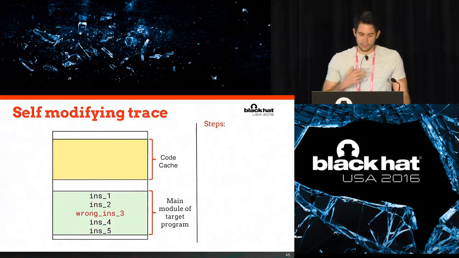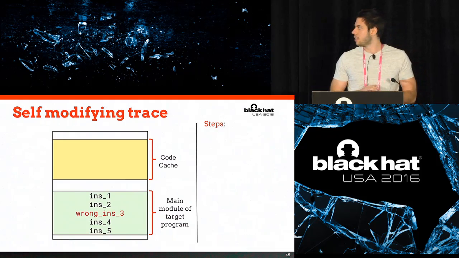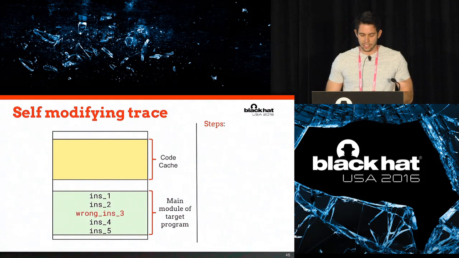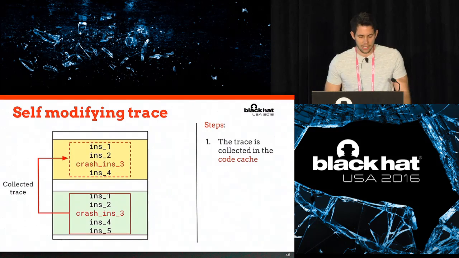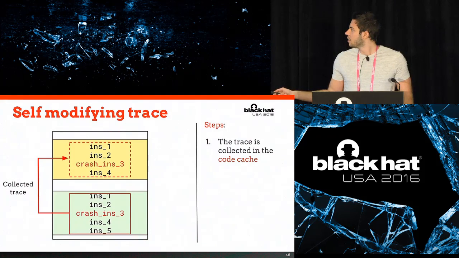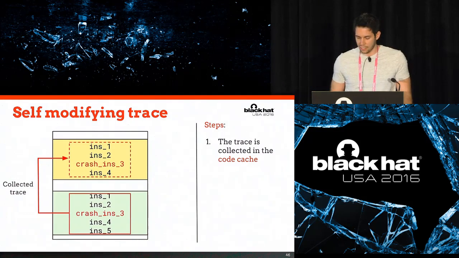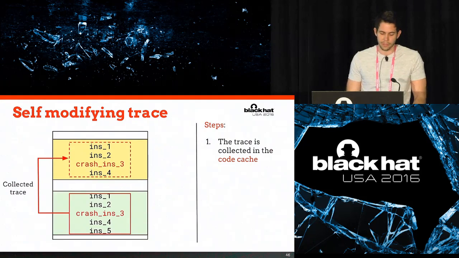PIN, as explained before by Lorenzo, never executes the original code inside the main module, but rather collects a trace of execution and copies it inside the code cache on the heap. As we can see, there is an instruction that, if executed, can cause the crash of the entire program.